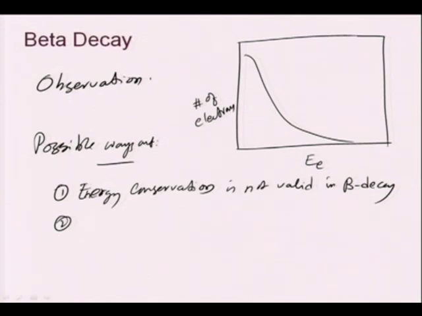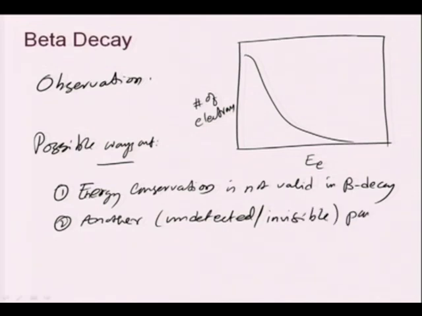We can actually live with that if we add one more particle in the final state, another undetected or invisible particle in the product, right.